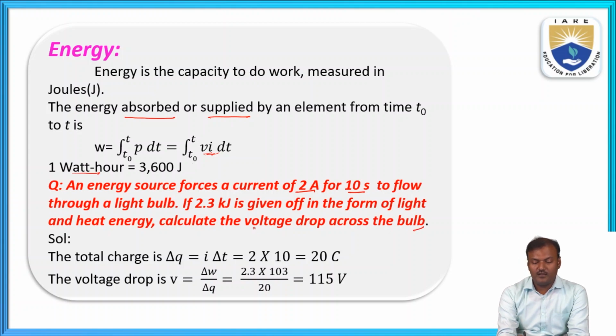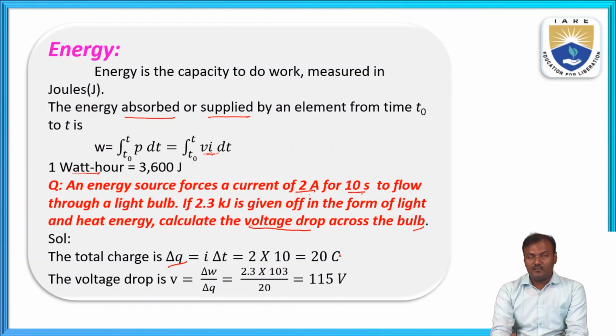Since 2 amps of current is flowing for 10 seconds, the total charge delta Q is equal to I into delta T, that is 2 into 10, so 20 coulombs of charge is moved. Next, voltage drop is delta W by delta Q, that is 2.3 into 10 to the power 3 divided by 20, that is 115 volts, the voltage drop across the bulb.